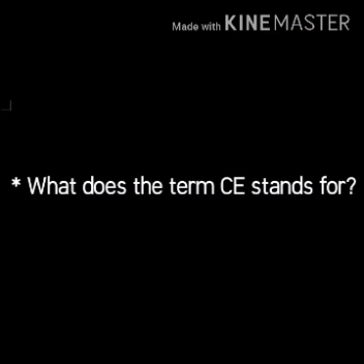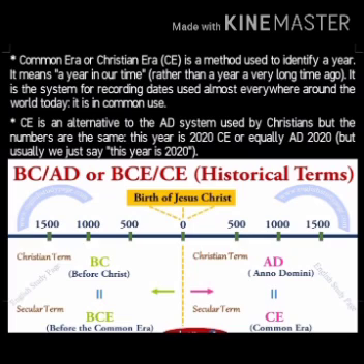Students, what does the term CE stand for in history? Let us understand the concept of CE with the help of a timeline. Chronology is very important in the study of history. Chronology means putting things in the right order according to the events that took place.